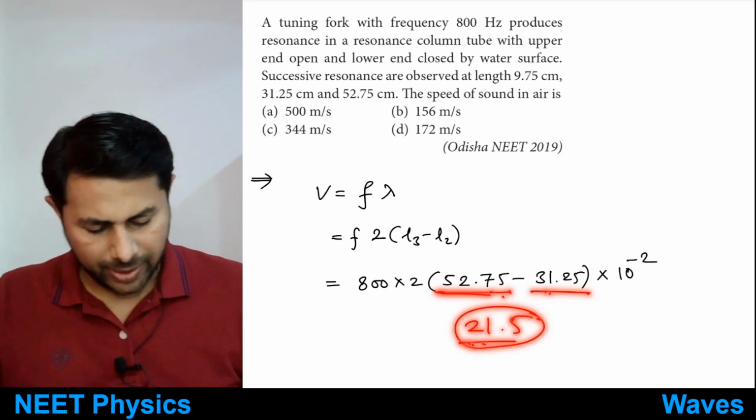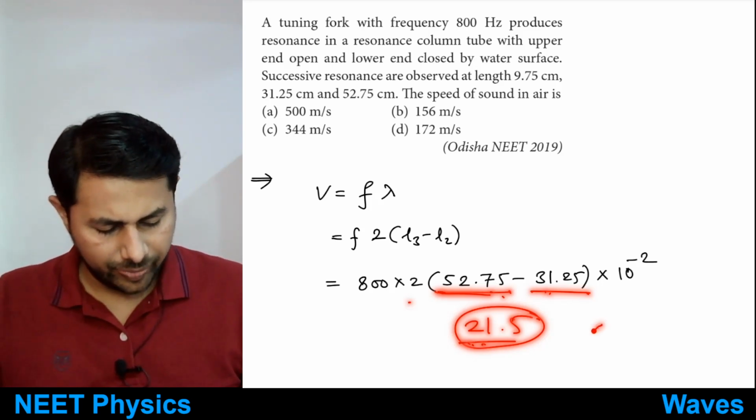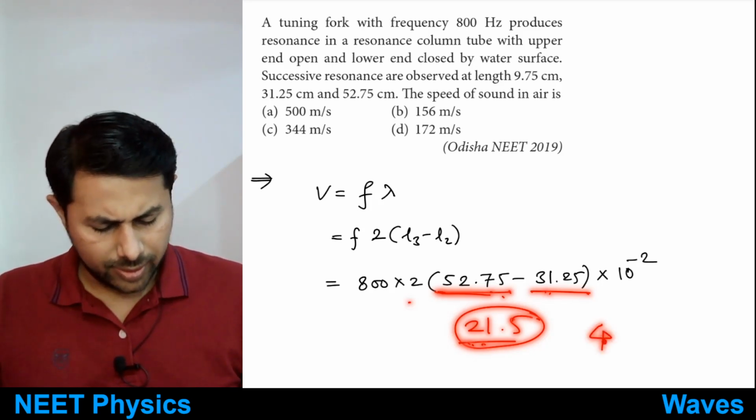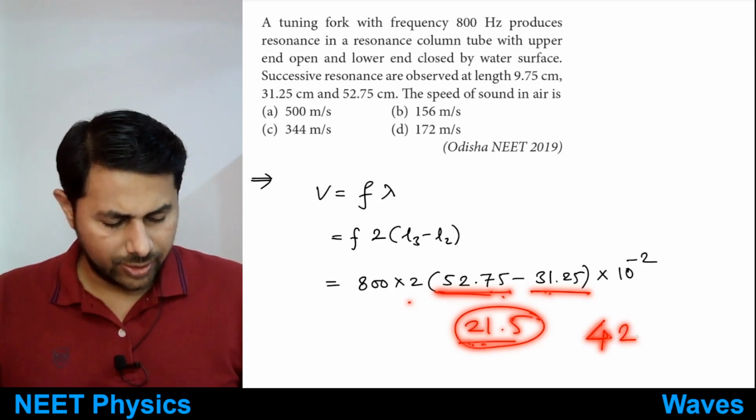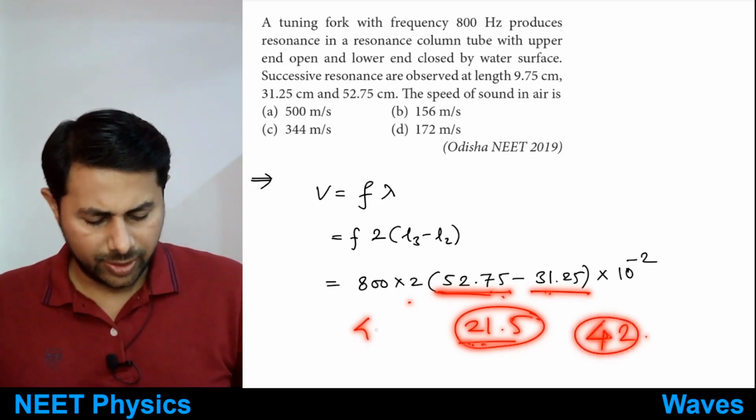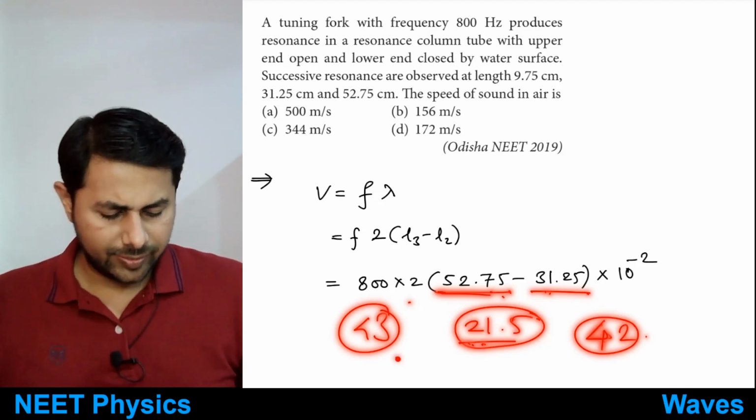Okay, 21.5 times 2 would be 43, 43 times 8.